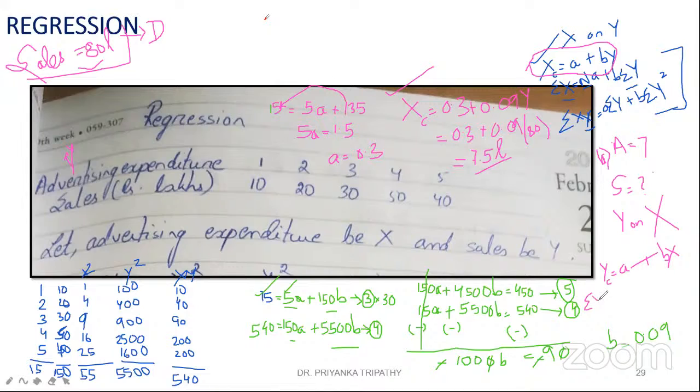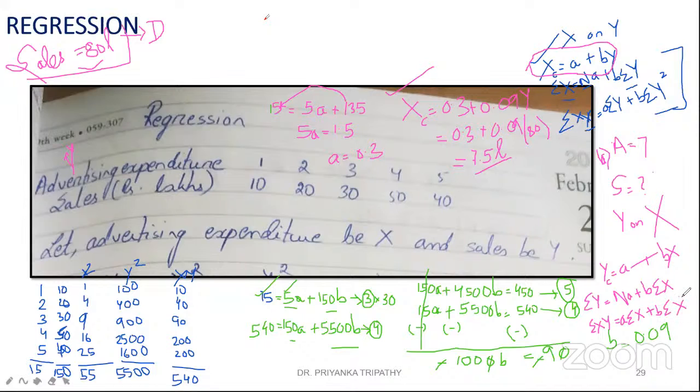So what would be the two equations here? Summation Y equals NA plus B summation X. And another will be summation XY is equal to A summation X plus B summation X square.